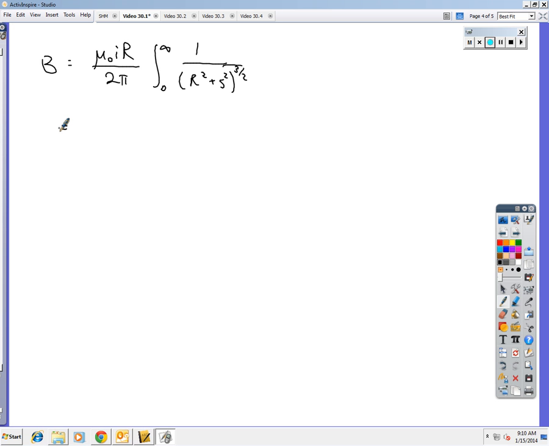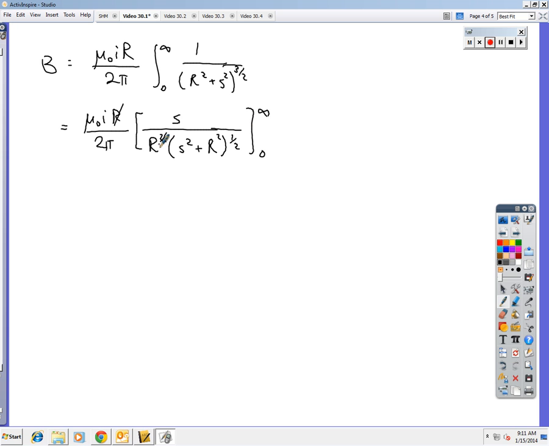And when we evaluate it, mu naught IR over 2 pi, we come up with s divided by r squared times the square root s squared plus r squared evaluated at 0 and at infinity.